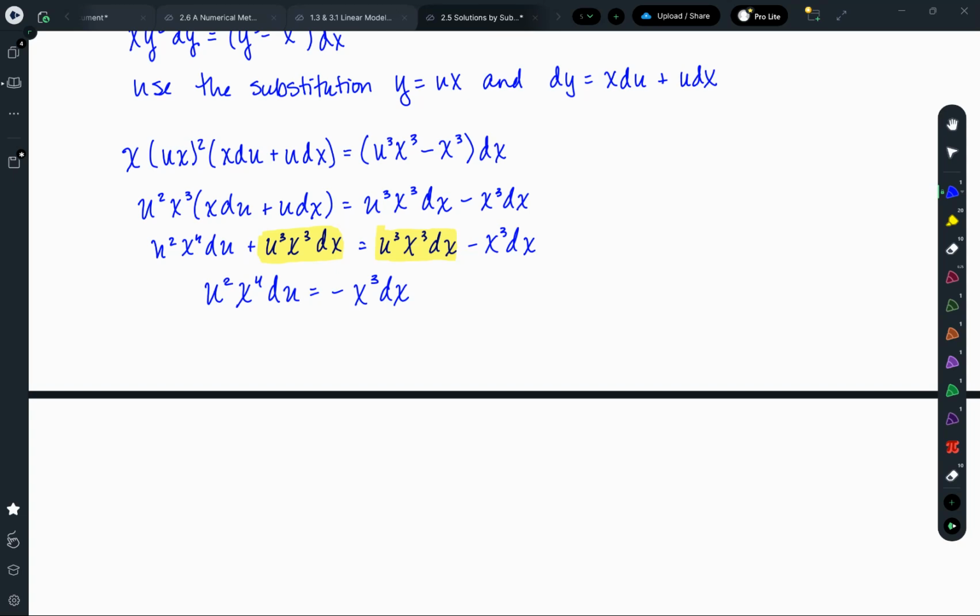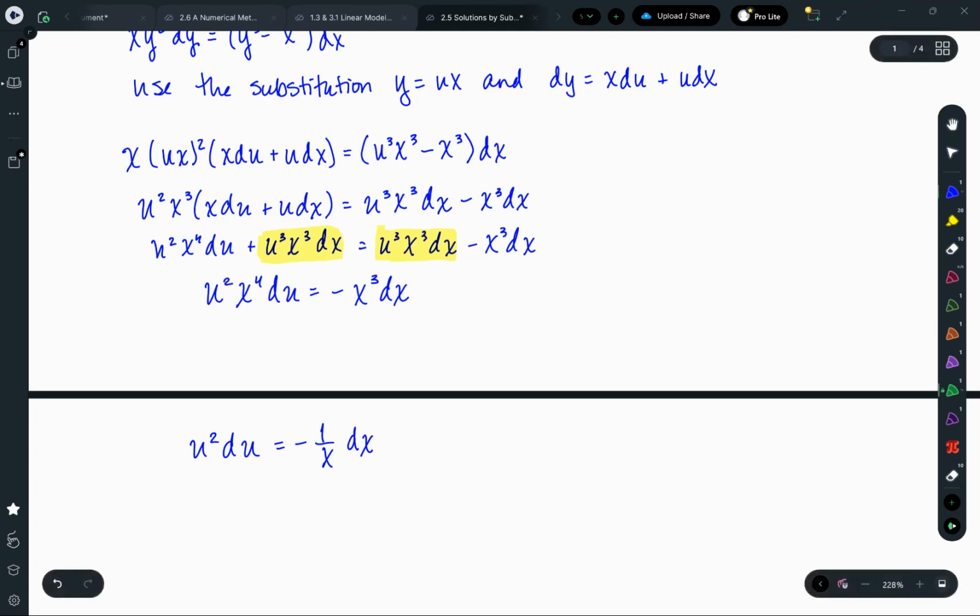On the right, I have a dx, so I want all the x stuff on the right. In order to do this, I just need to divide both sides by an x to the fourth. So when I do that, the left-hand side becomes u squared du. The right-hand side becomes minus 1 over x dx. And now I am in separable equation land, right?